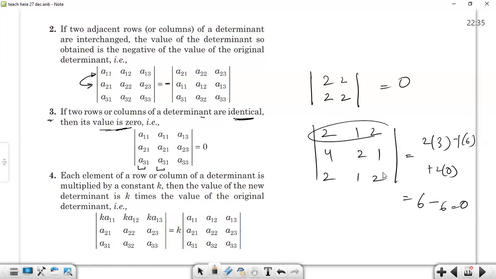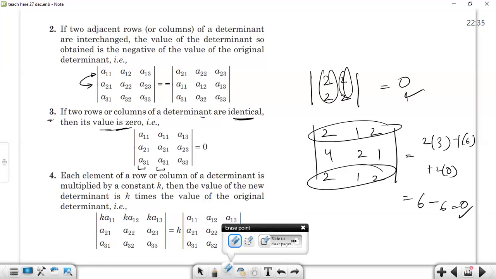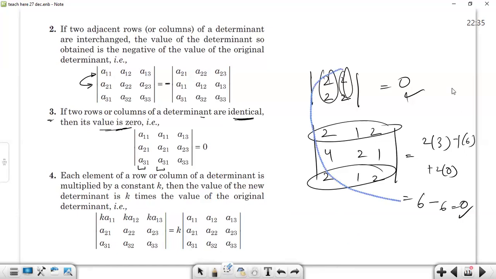So if two rows or two columns are equal, then the determinant's value is coming out as 0. Is that clear, everyone? Yes, these properties are very important. Please understand them properly.